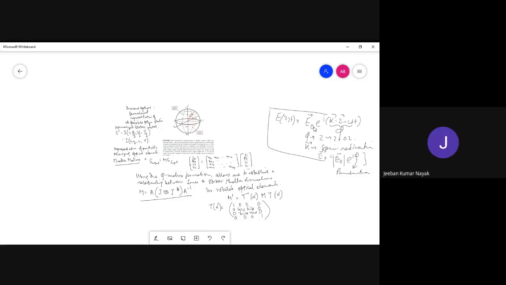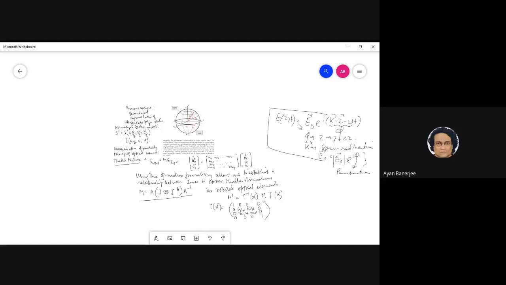Yes, so you can see that there will be an extra e to the power i beta term. That beta term will add on here. Every time we pass through the second quarter wave plate, the entire thing gets multiplied by e to the power i beta. That is what is happening every time it passes the second quarter wave plate.